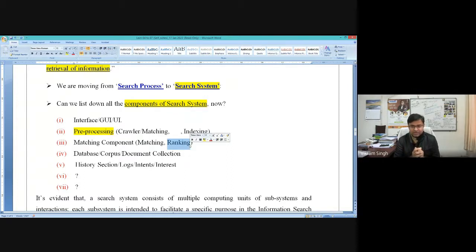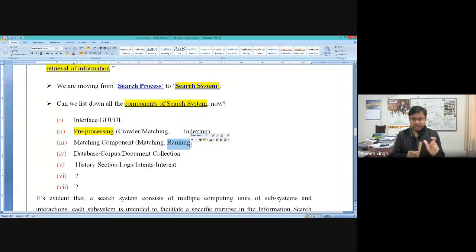There are many ways in which the user can re-rank them, but naturally there will be one way in which the system ranks the results to the user. In the case of Google search, it provides these hundreds or millions of results to you through some mechanism, and only the top 10 results are highly relevant. I am using the term relevant.